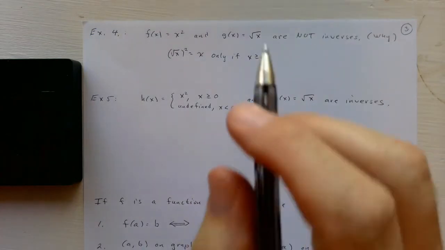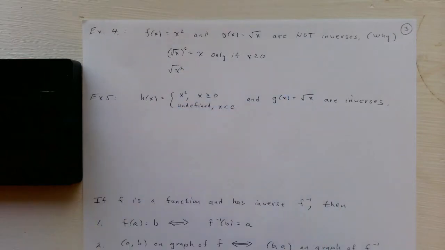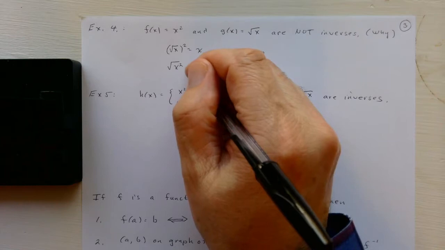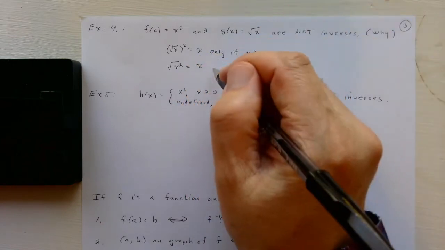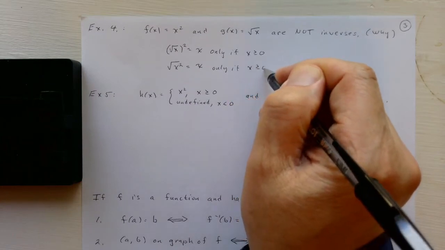And in fact, we can do it the other way. What about the square root of x squared? Well, this is only going to be equal to x when x is greater than or equal to 0.